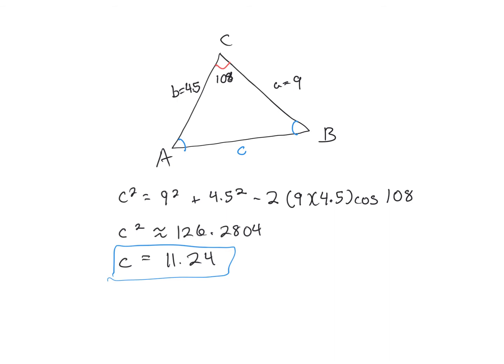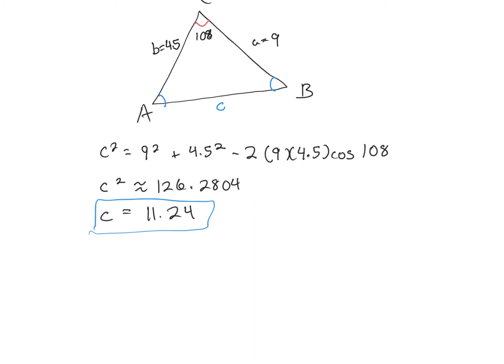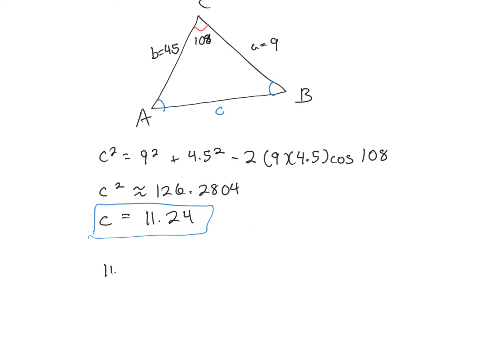To find A and B, we can use the law of cosines again, but I have a particular fondness for my sines, so I'm just going to use the law of sines. We have our C value now, so I know that 11.24 over the sine of 108 must equal 4.5 over the sine of whatever B is.